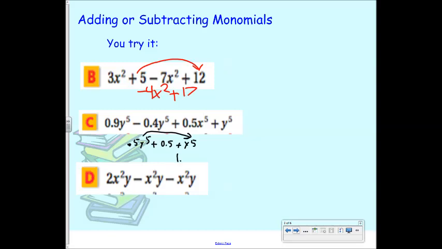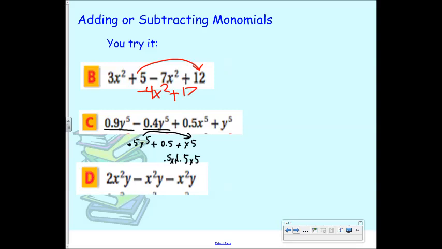Perfect. All right, I'm going to write it just a little bit bigger, but that's perfect. Okay, so the first thing Diego did is he did 0.9 minus 0.4, which gave him 0.5y to the 5th, and then he combined that with this. If there is no coefficient, what do you assume that it is?